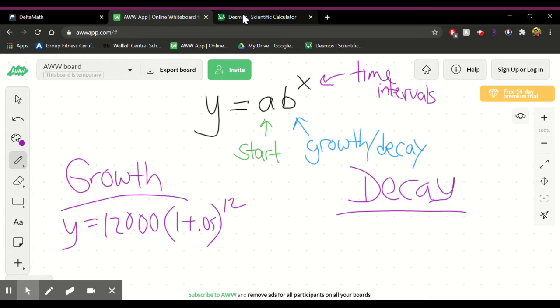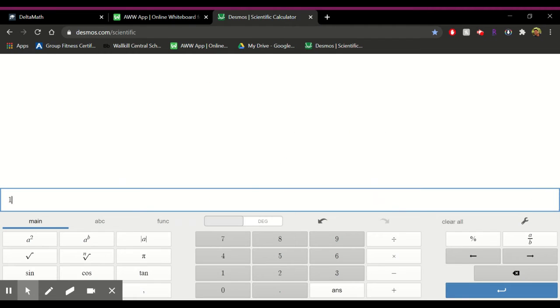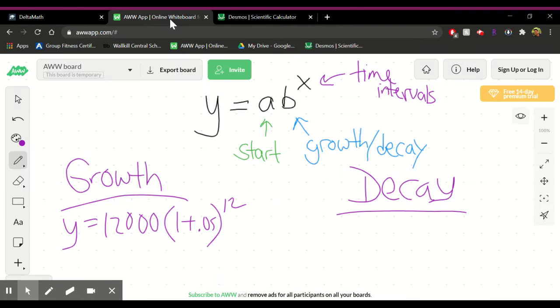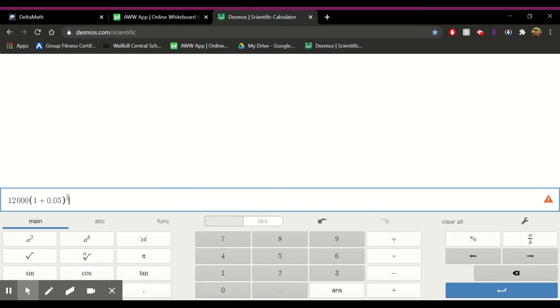And what's nice is we could just plug this all into our calculator. 12,000, parentheses 1 plus 0.05. We're adding that to 100%. Exponent button to the 12.